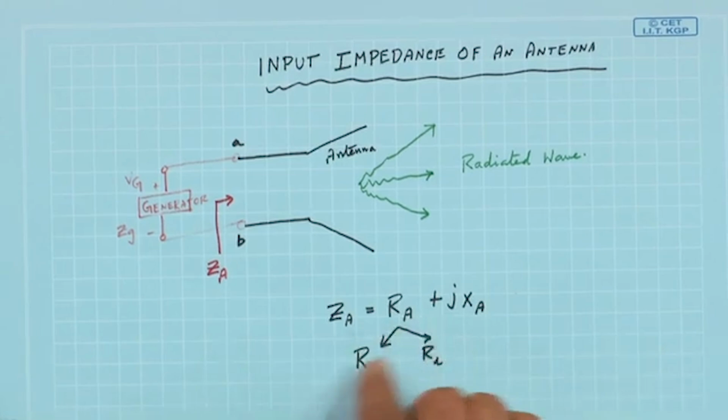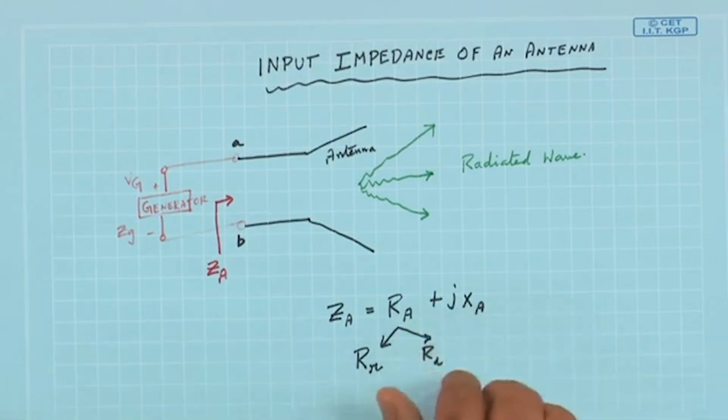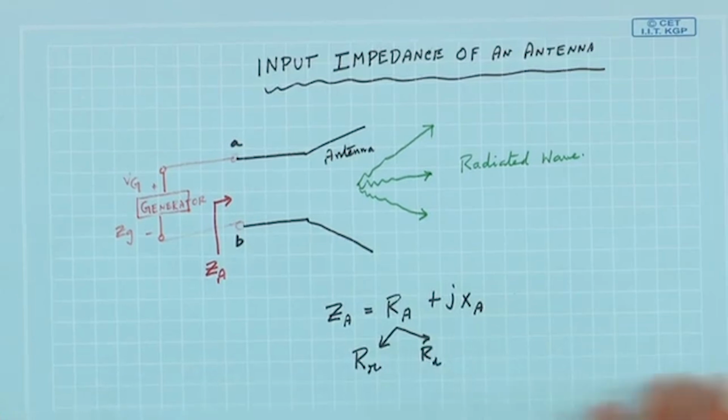So, for simple antennas, these two can be modeled as series elements. Always it cannot be done in modern or complex antennas where you have a ground plane, where you have a lossy dielectric.